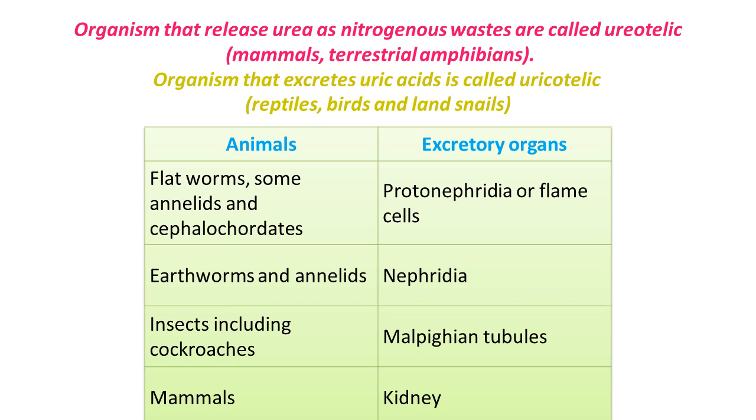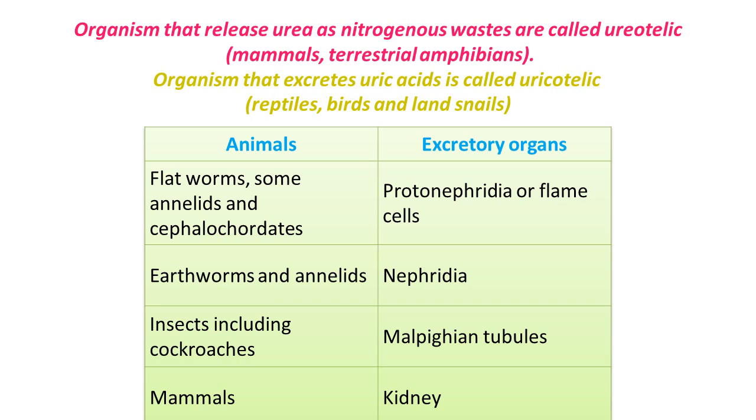By studying this table, we can now easily understand the various types of excretory organs present in the body of various kinds of animals. It is like protonephridia or flame cells in flatworms, some annelids, and cephalochordates. An excretory organ like nephridia is present in the body of earthworms and annelids.